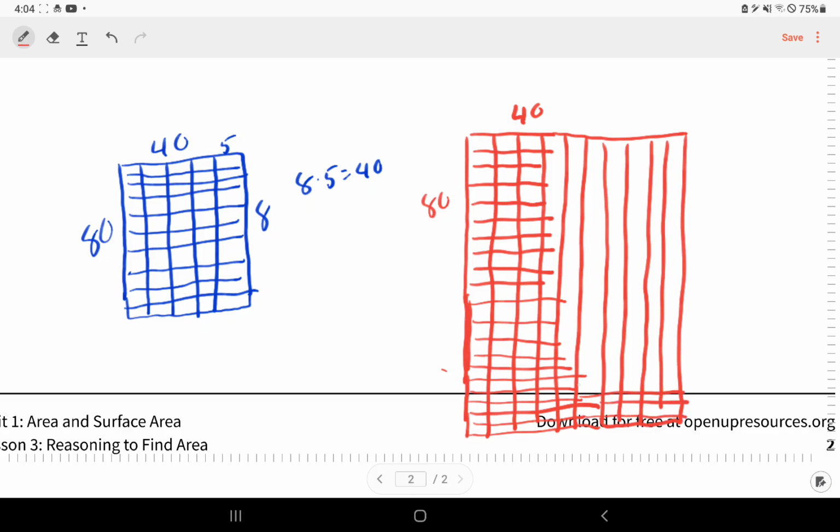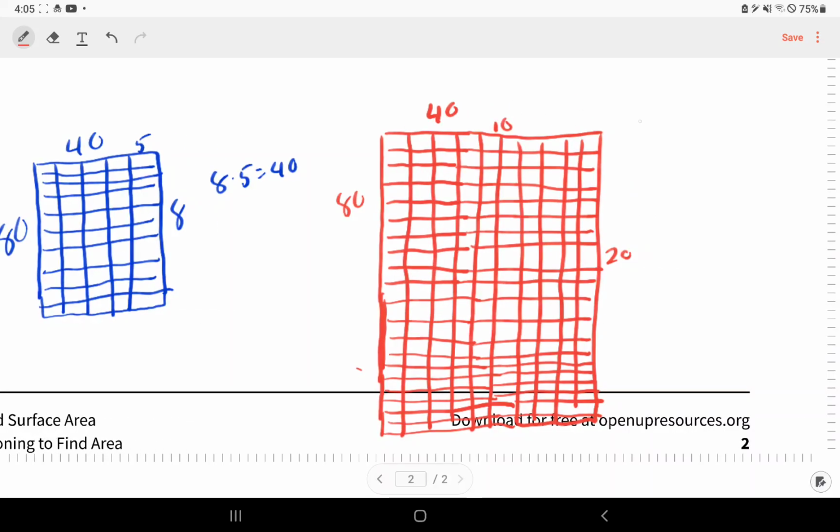I am seeing double on my tablet, and I don't like it. And so that means I use 10 and 20, and so 10 times 20 is 200.